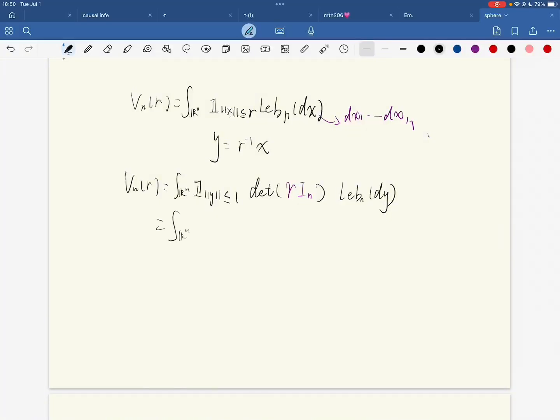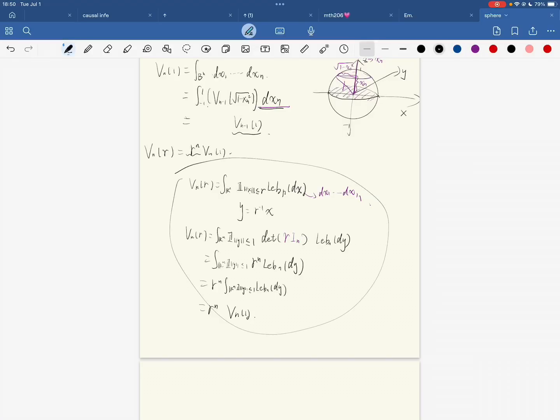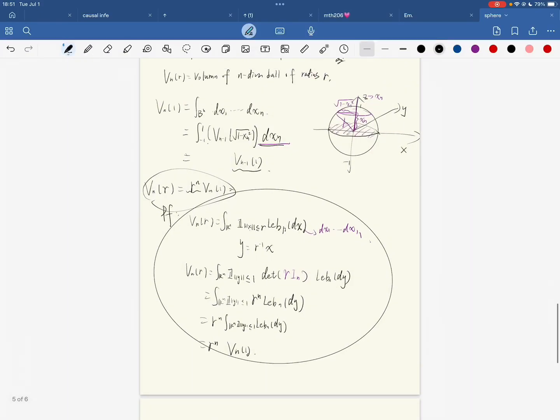So the determinant equals r to the n. This is actually the proof of this. Our guess is true. Now we continue.